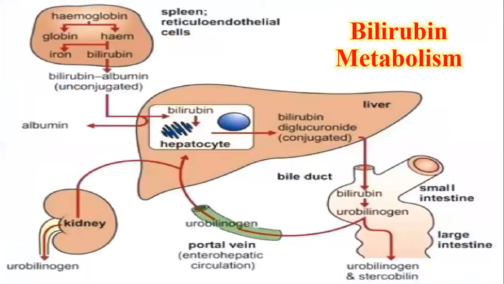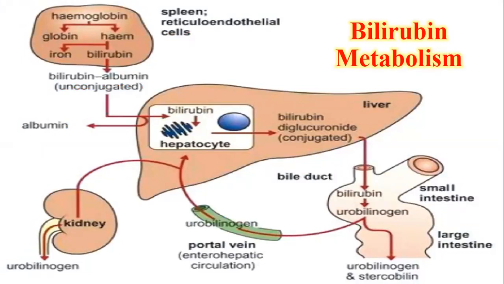One of the most important things we all remember is bilirubin metabolism, because it carries lots of liver functions: the uptake function, the transport function, the secretion function, and the excretion function, all in one cycle. We all remember how bilirubin is liberated.